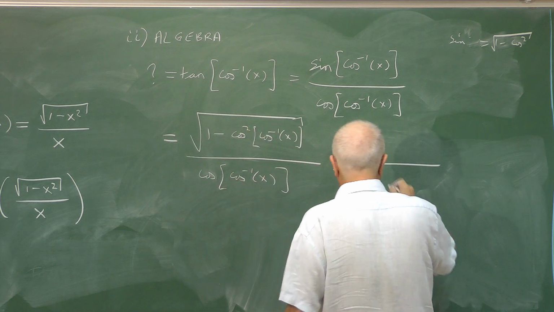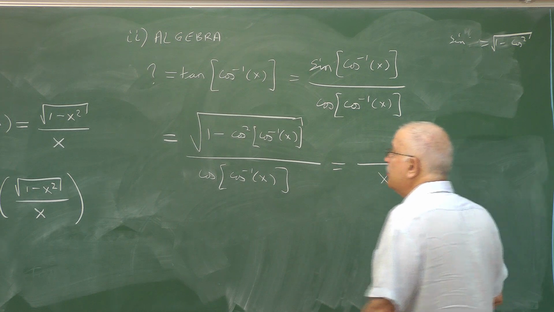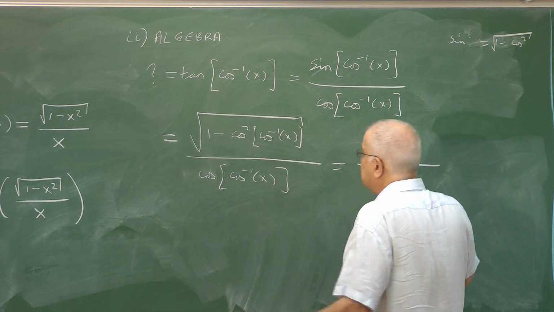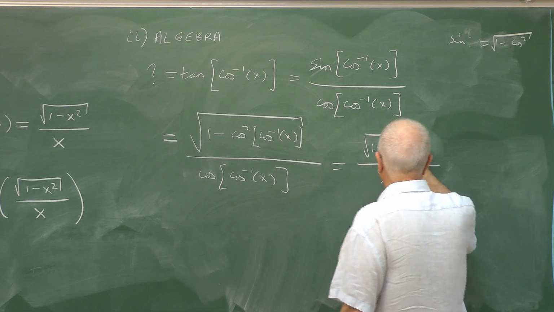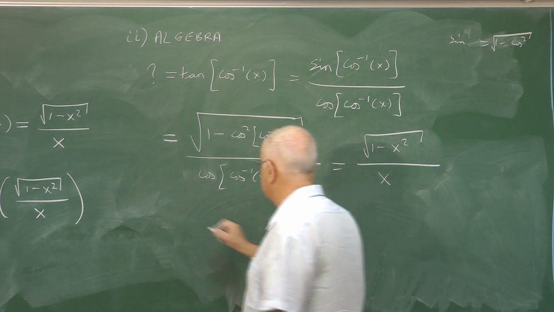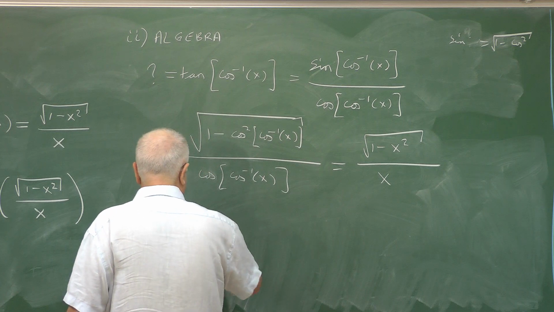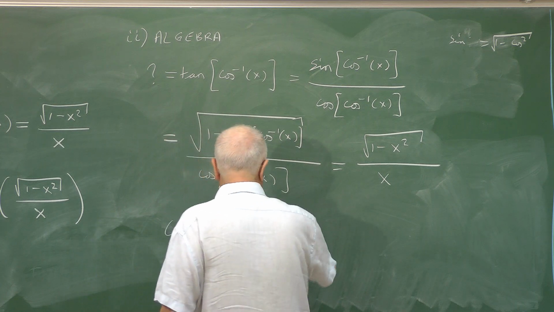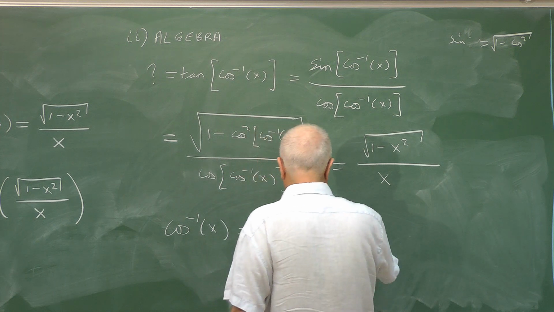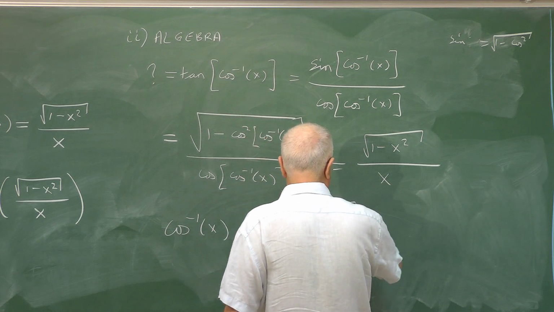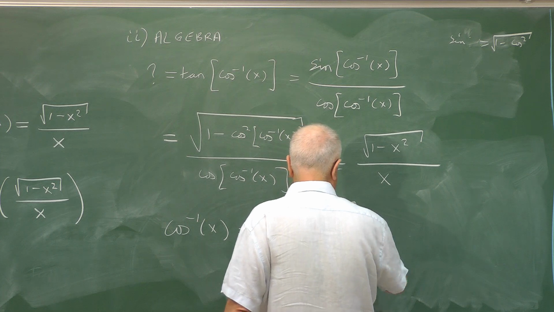The bottom is very easy, as usual, x, but this is not all that difficult either. 1 minus x square, same result. Inverse cosine x equals inverse tangent of square root of 1 minus x square divided by x.